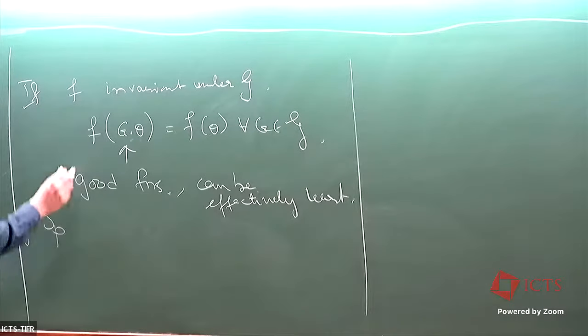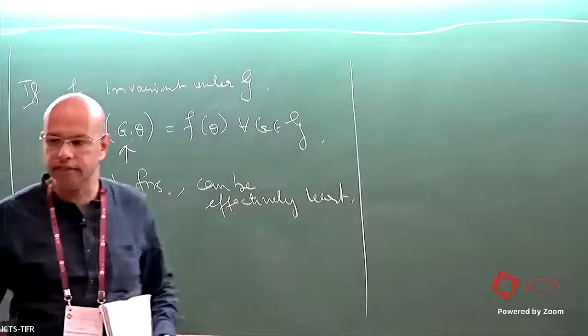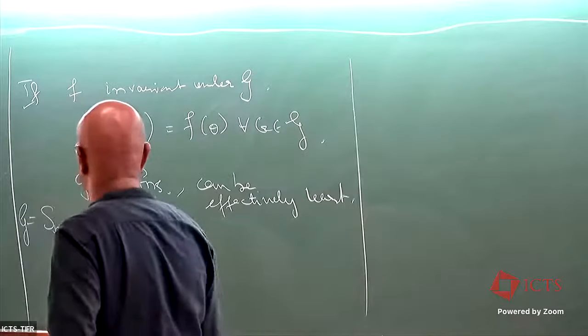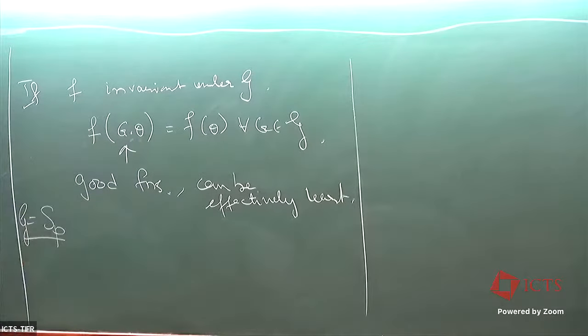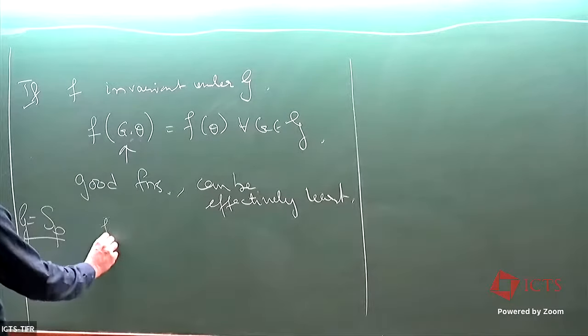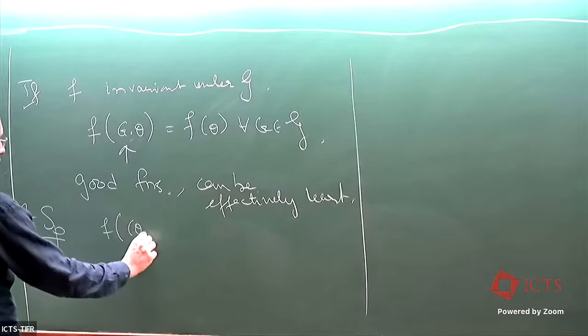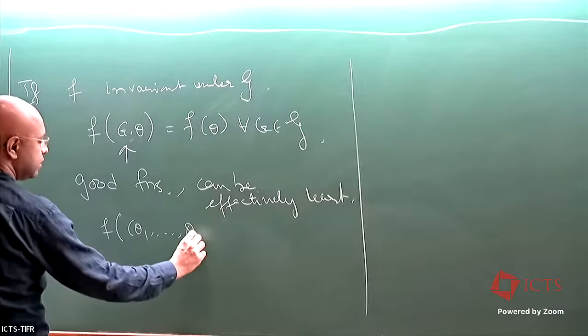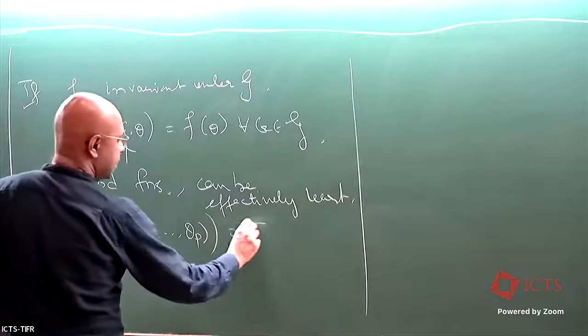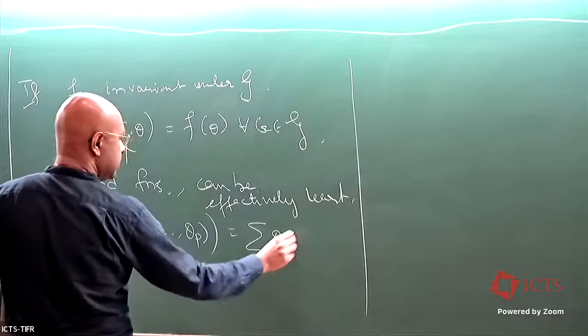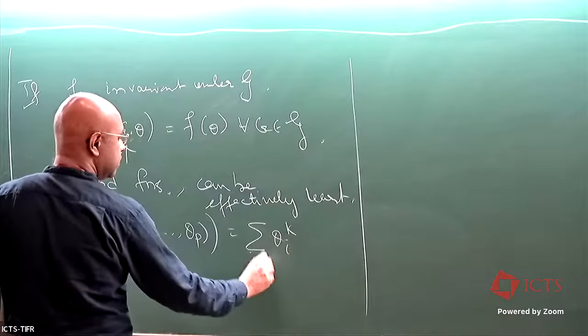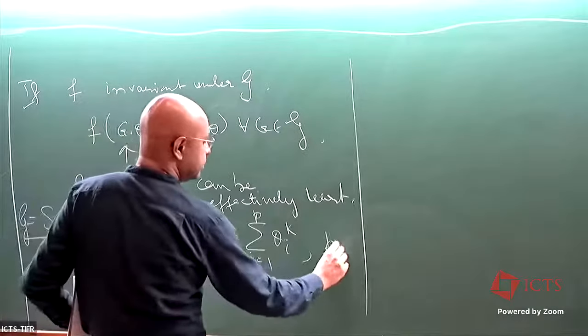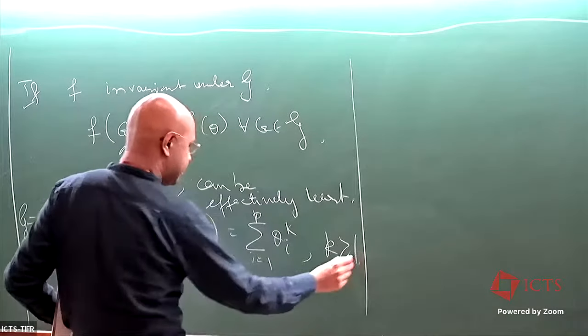Of course, the class of invariant functions is dependent on the group G. So, let's go back to our examples, and the basic example of a bag of numbers. If G is the group of permutations, then, for example, you can take f of theta 1, theta 2 up to theta p, and this is just the sum of theta i to the k, i equal to 1 to p, and k is bigger than or equal to 1.